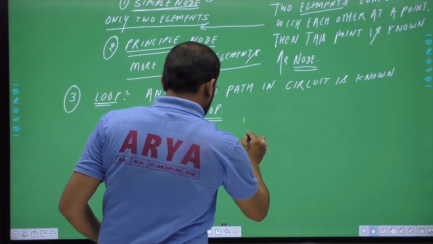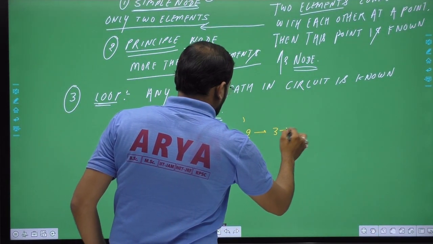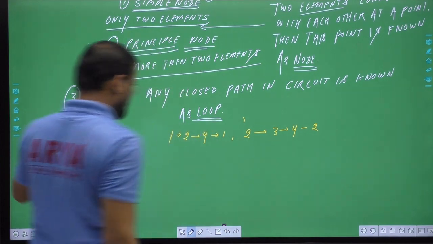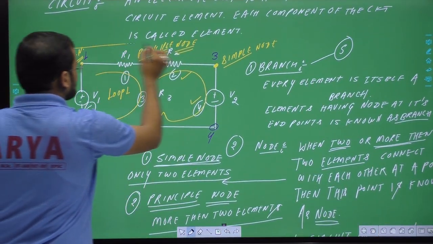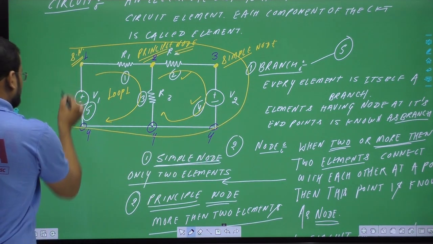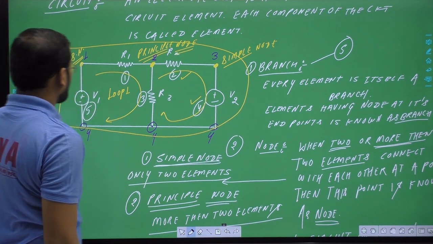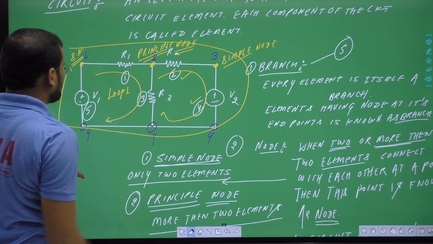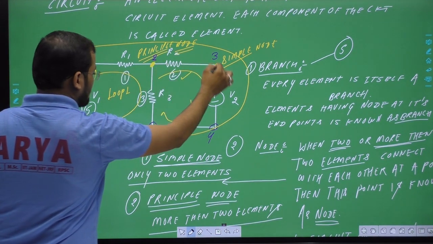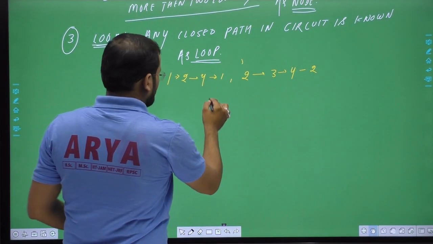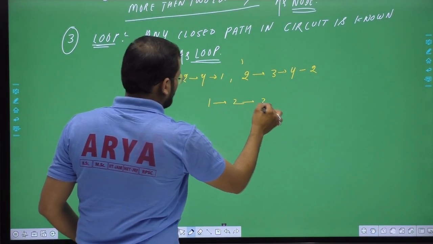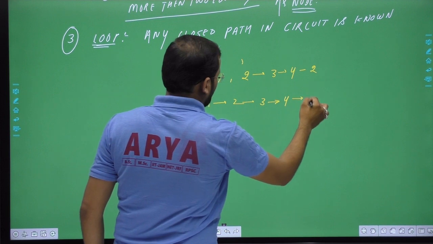The third loop is 1 to 2, 2 to 3, 3 to 4 and 4 to 1.